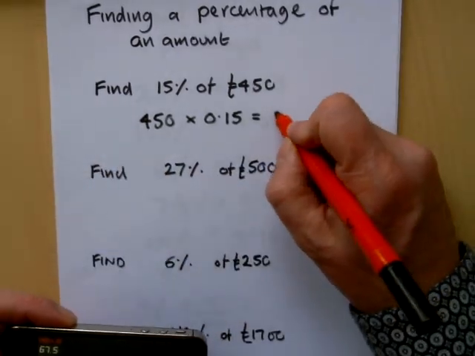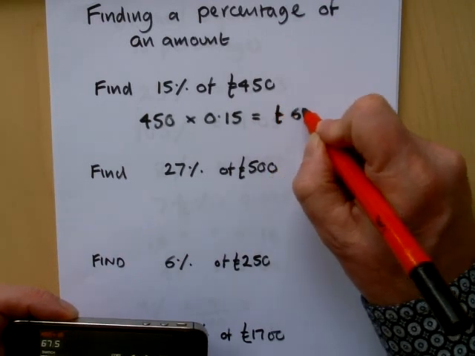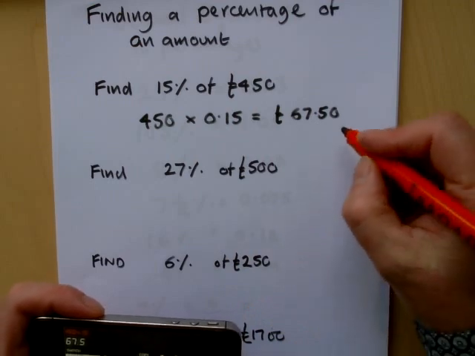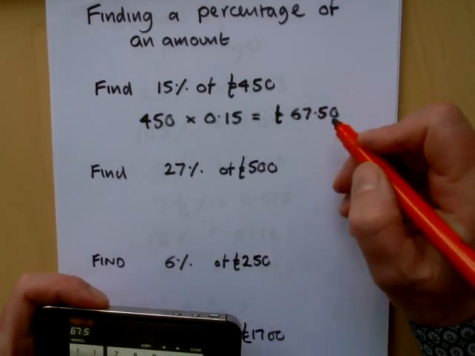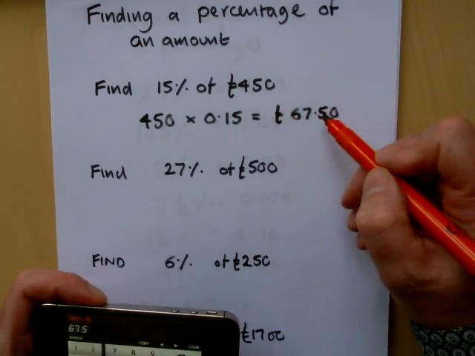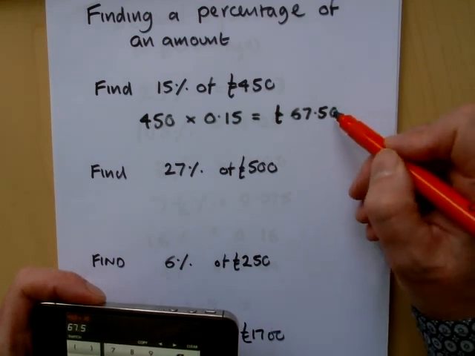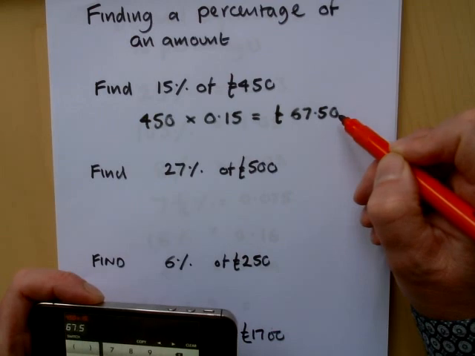Now as it's in pounds, we'll write that as £67.50. It would be wrong, by the way, to put pence on the end, because your unit is pounds and these are fractions of pounds, but because of the familiarity with the pennies, we do tend to put the 0 there.